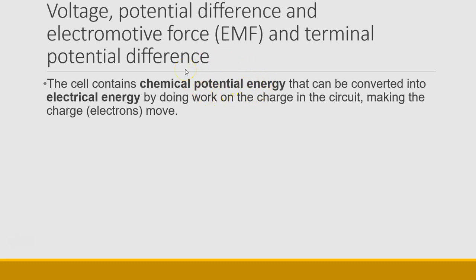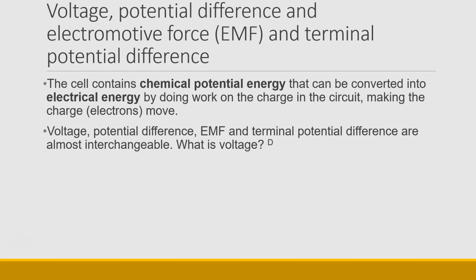In a closed circuit, chemical reactions start to take place inside the cell. And those chemical reactions then convert that chemical energy into electrical energy by pushing electrons out of the cell, and making those electrons move is what creates electricity.